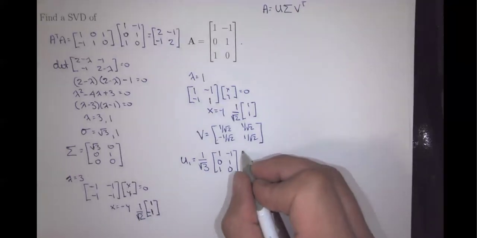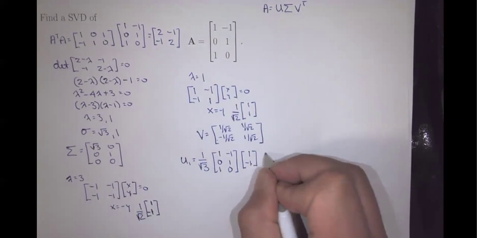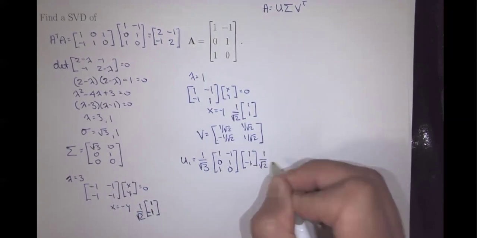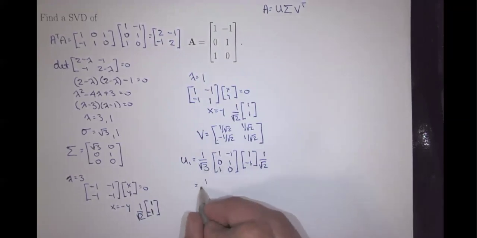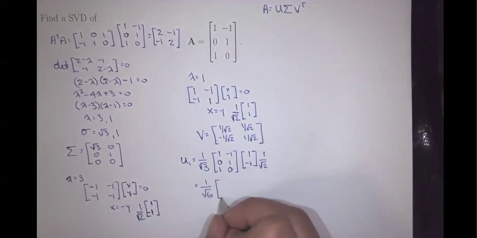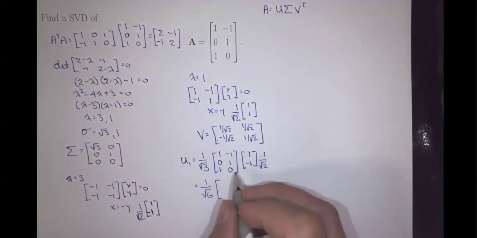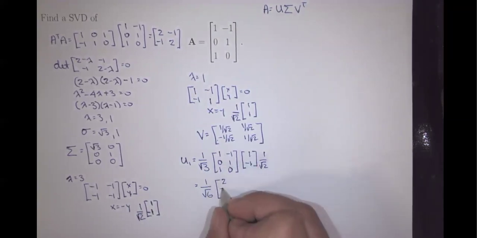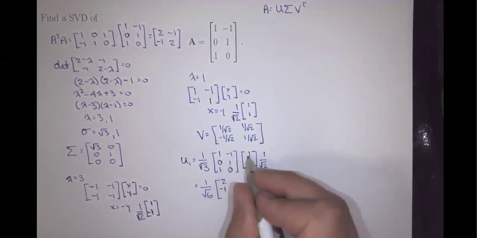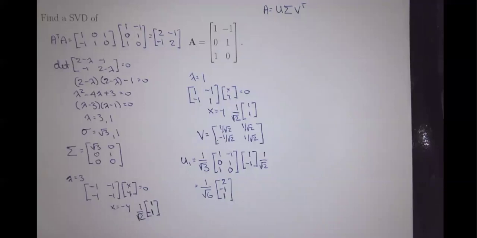So that's 1 and negative 1 times 1 over root 2. So root 2 times root 3 is 1 over root 6 times, we've got 1 and 1 is 2, we've got 0 and negative 1 is negative 1, we've got 1 and 0 is 1. So that's our U1.